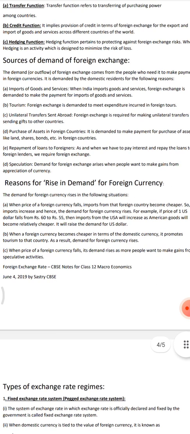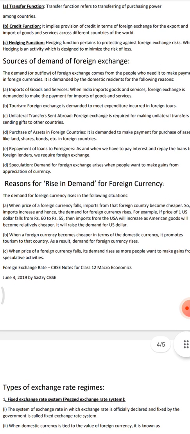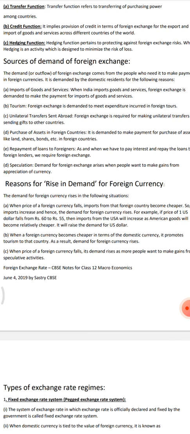There is also one example given there. If the price of $1 falls from 60 to 55 rupees, then before I could buy $1 at 60 rupees, and now the rate has decreased to 55, so I can buy more products at the same amount.